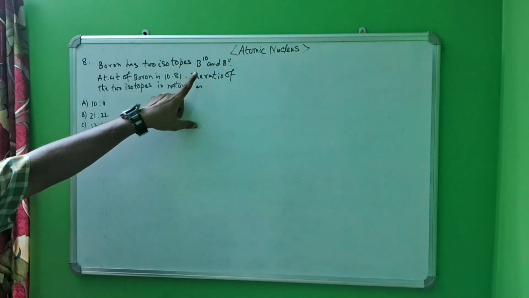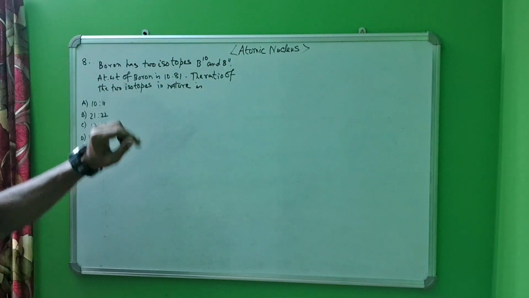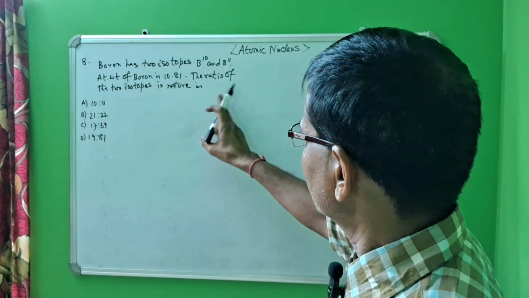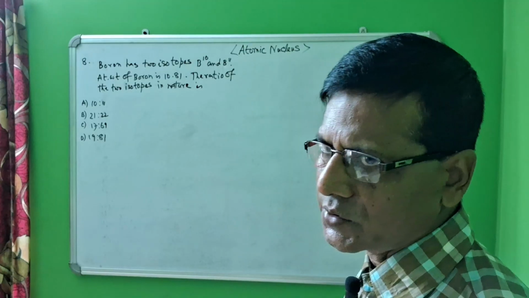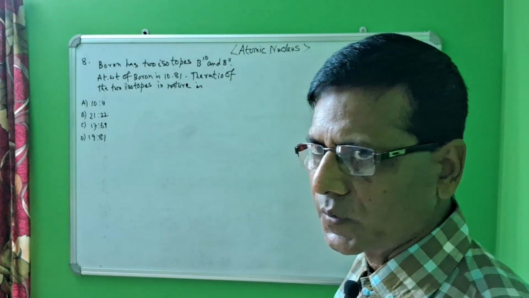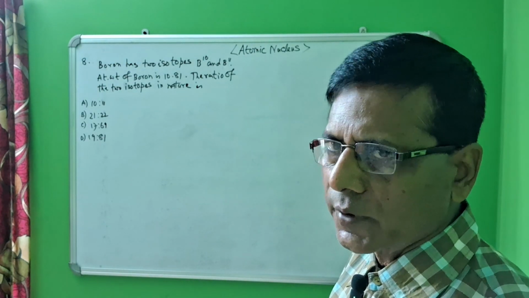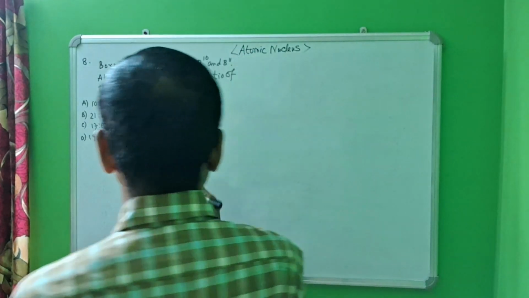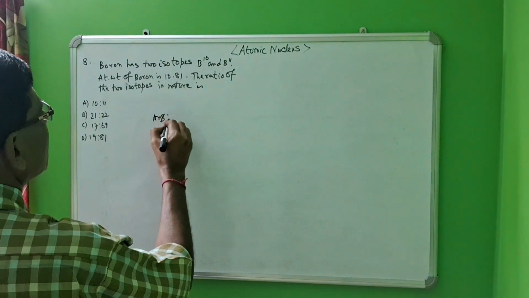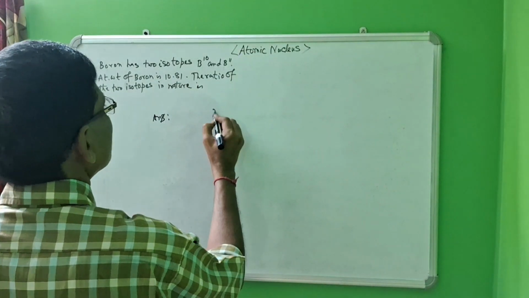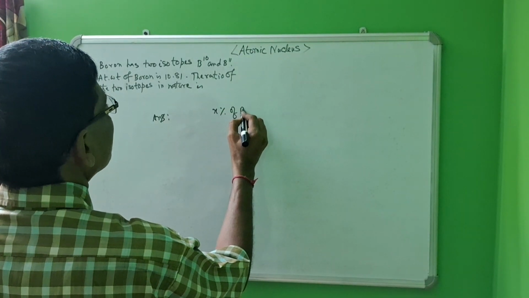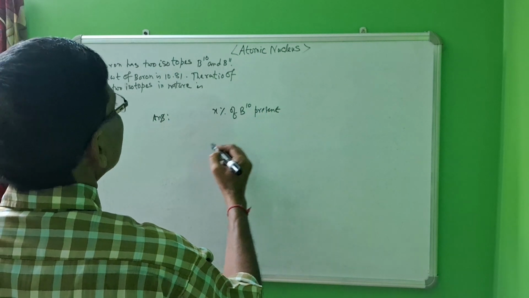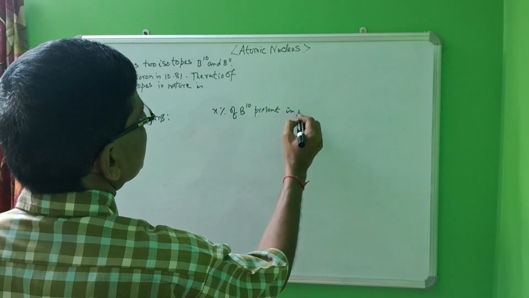Boron has 2 isotopes, B10 and B11. The atomic weight of boron is 10.81. The ratio of the 2 isotopes in nature is asked, with 4 answers given. We know the atomic weight by the mathematical relation. Suppose x% of B10 is present in nature.